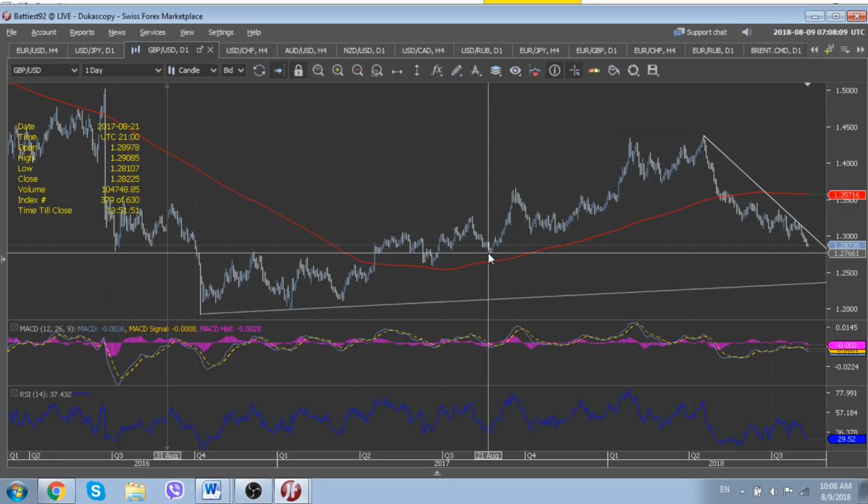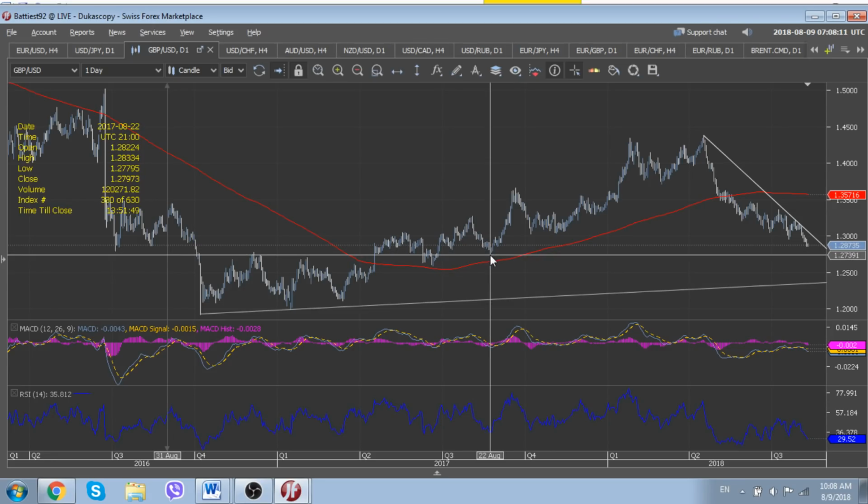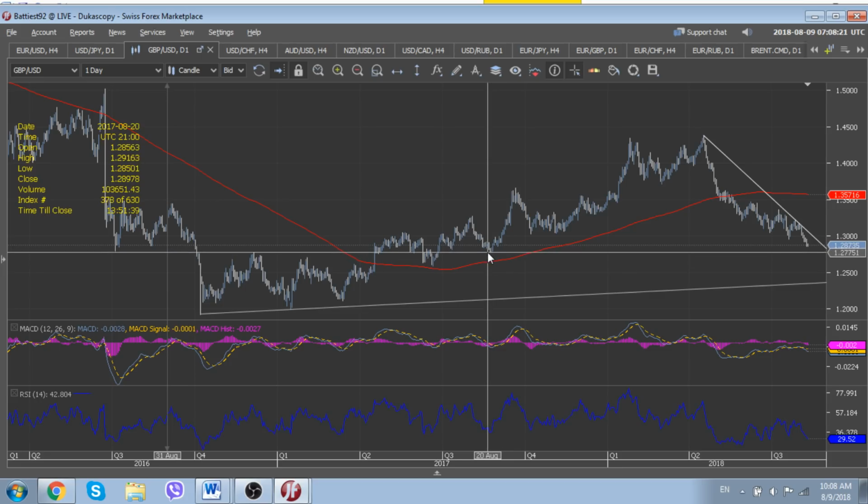We'd like to concentrate your attention also on the lows of August 2017, located around 127.80. All in all, the level of 127.75 to 128 should present a tougher barrier to break to the downside.